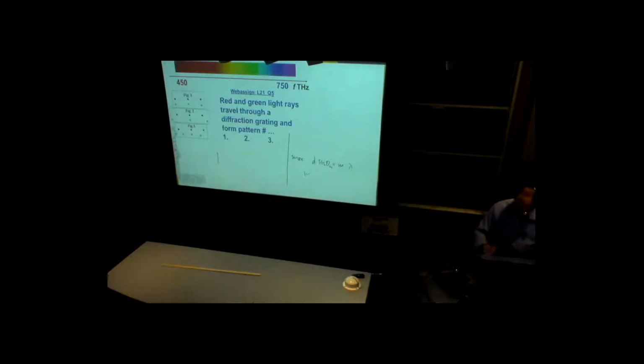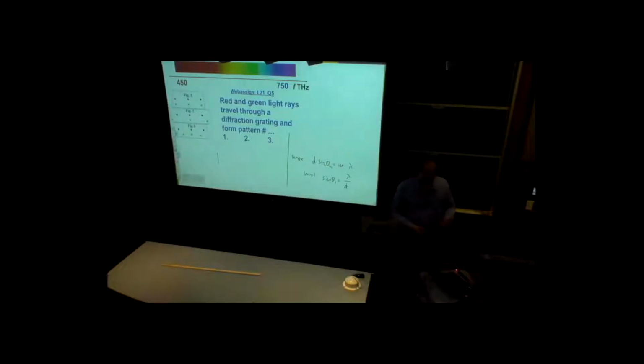Well, we can just pick m equals 1. So sine of theta equals wavelength over diffraction grating spacing. When wavelength increases, that should increase the angle.